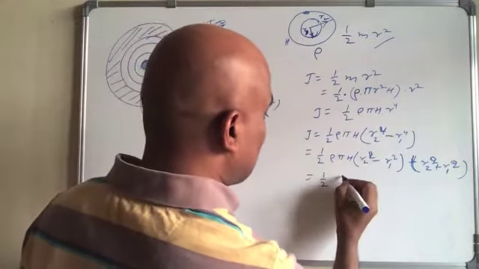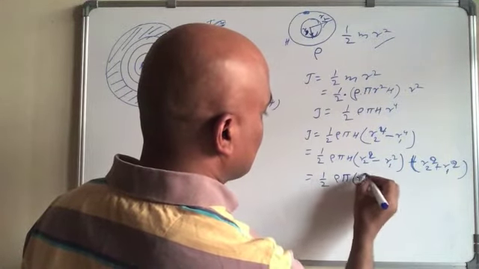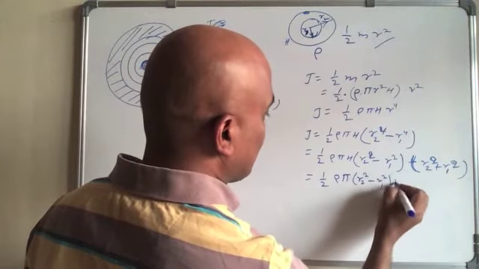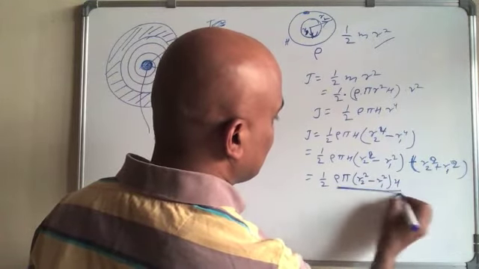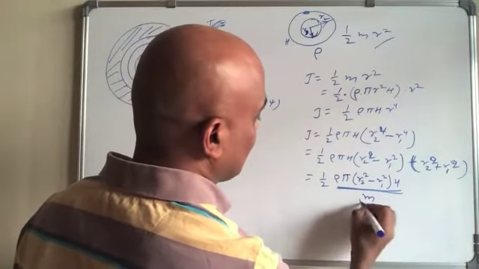So we have rho pi times r2 square minus r1 square times h, which is nothing but the mass.